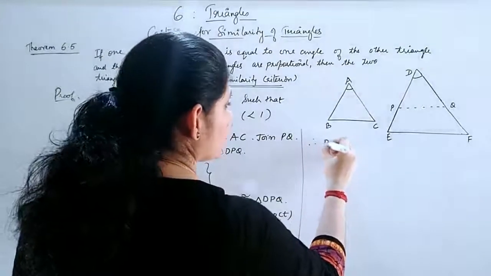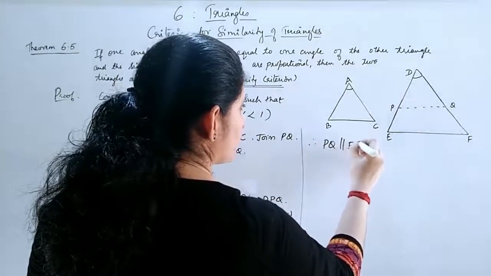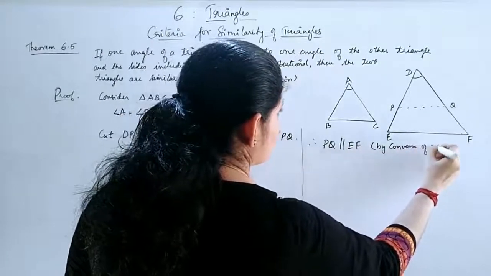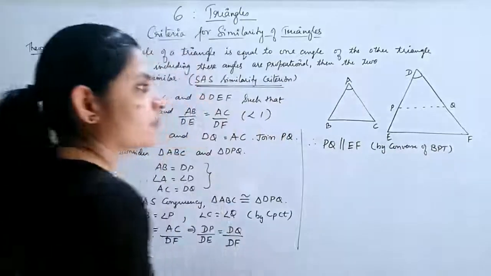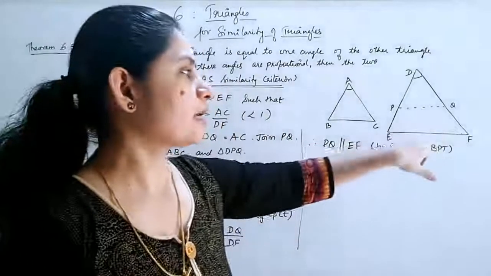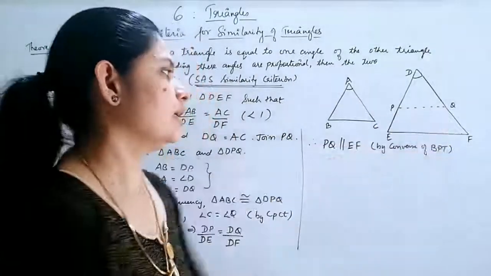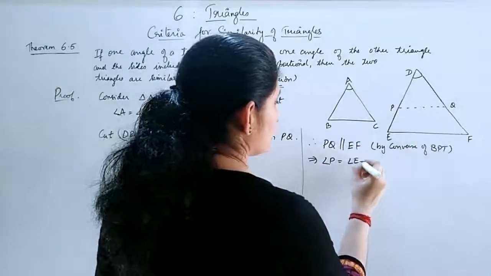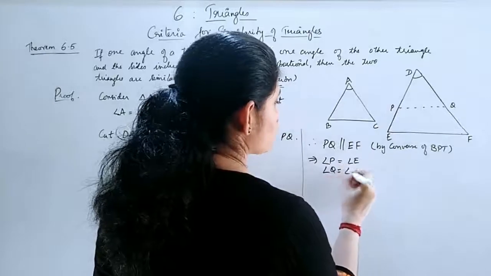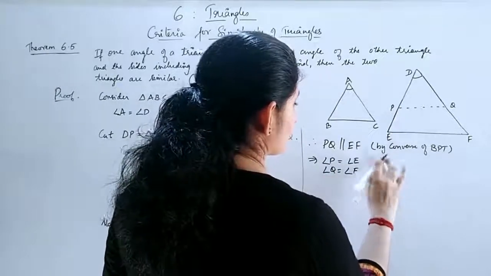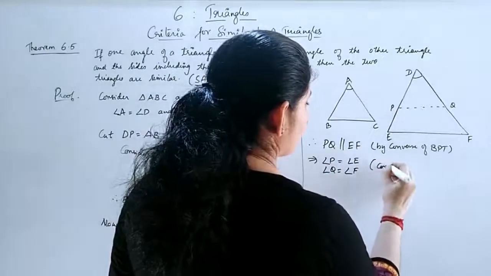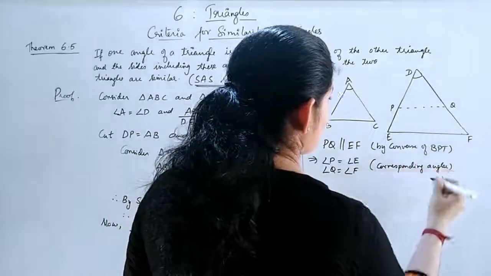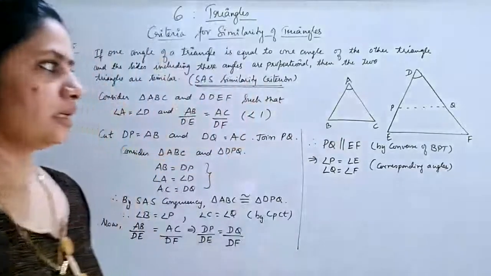Since these two are parallel, the corresponding angles are equal, that is, angle P equal to angle E and angle Q equal to angle F. Since they are corresponding angles, they are equal.